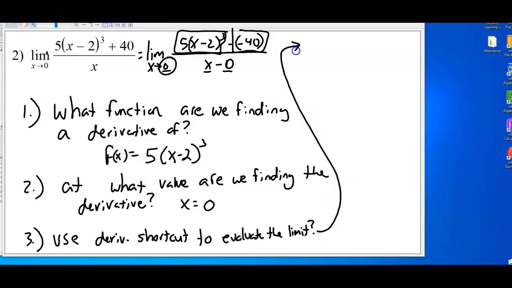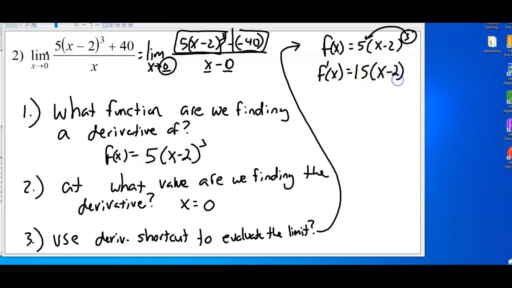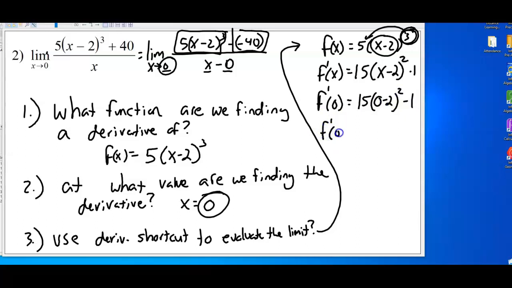So I'm going to show my work up here. We start off by identifying the function. Next, we find the derivative of that function because this limit represents a derivative. So we do the power times the front, and then we subtract 1 from the power, times the derivative of the inside, which is just 1. And then we plug in the x value that they give us.